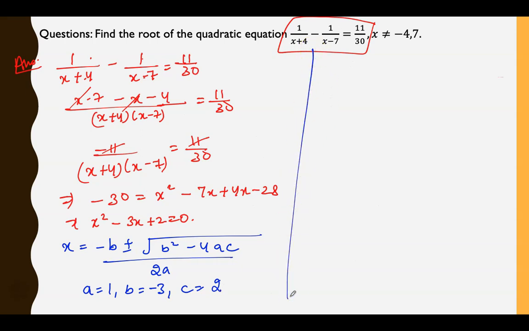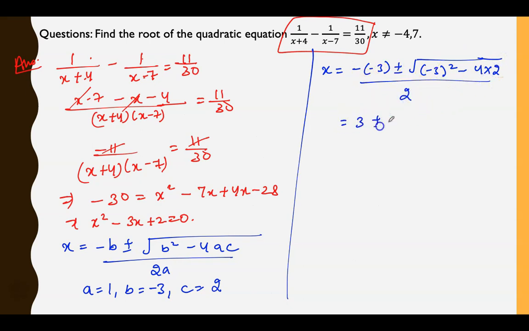Now I think you are finding that it's quite simple to understand this. So x is equal to minus of minus 3 plus minus root of minus 3 whole square minus 4 into 2 into 1, upon 2 into 1.